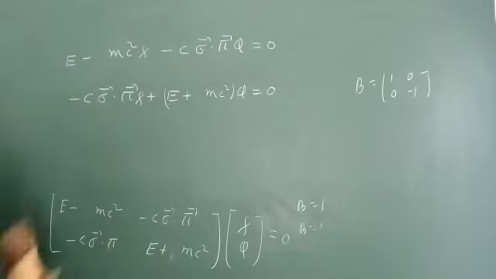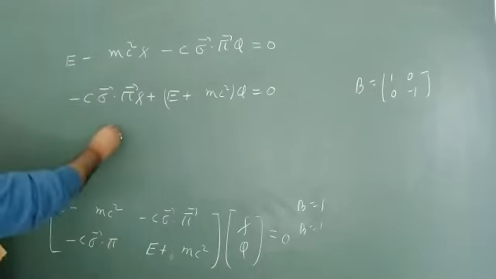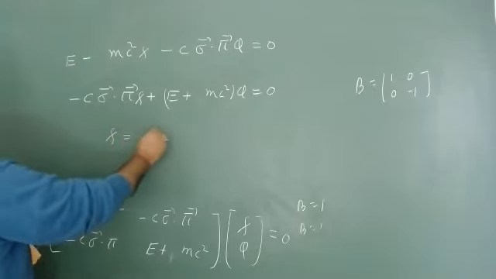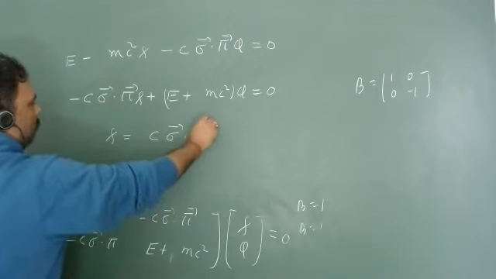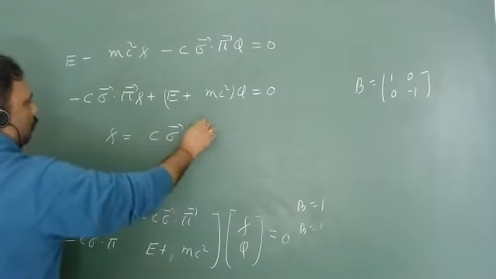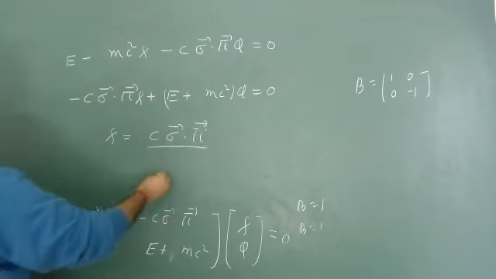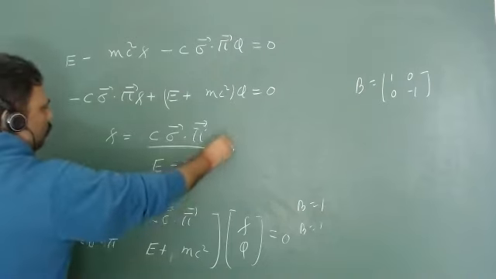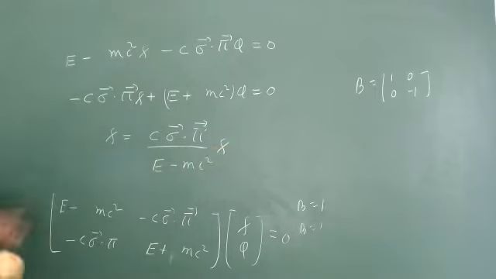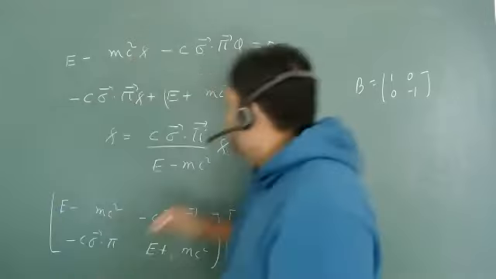Sorry. So chi is equal to basically c sigma dot pi by E minus mc square phi. Sorry, this is phi, na?